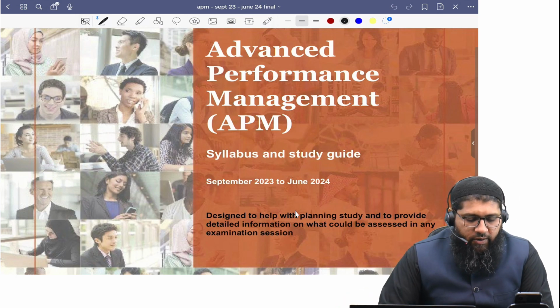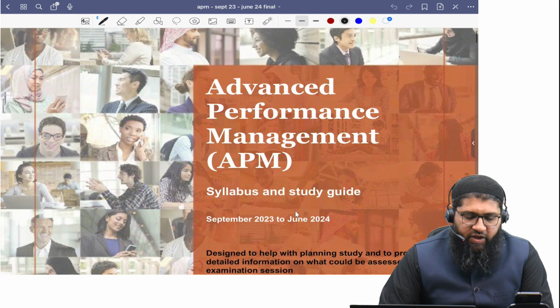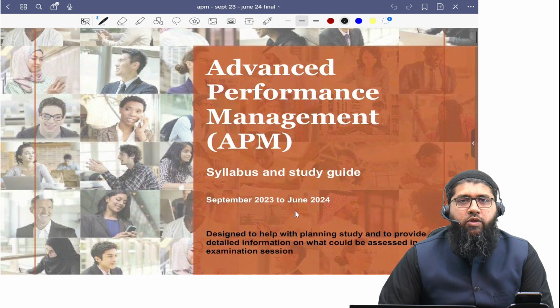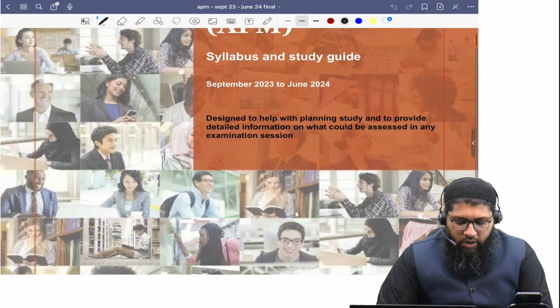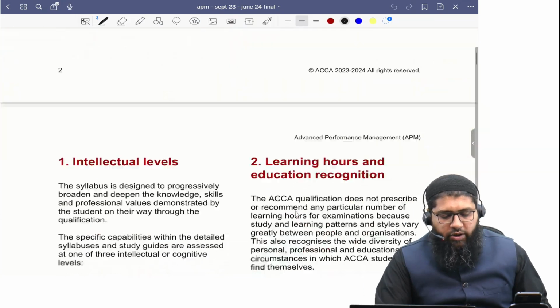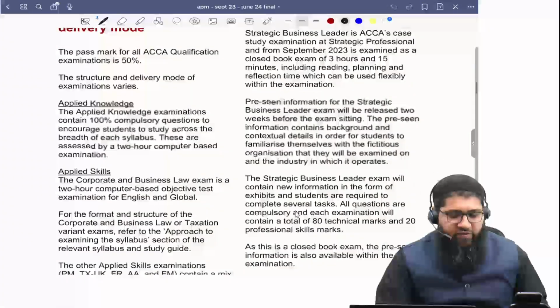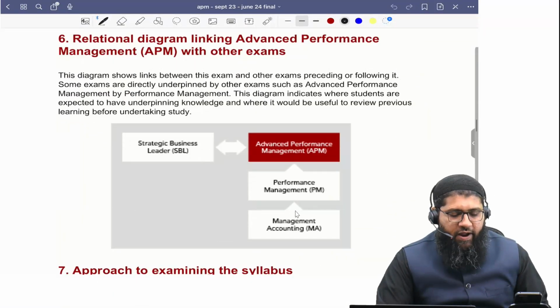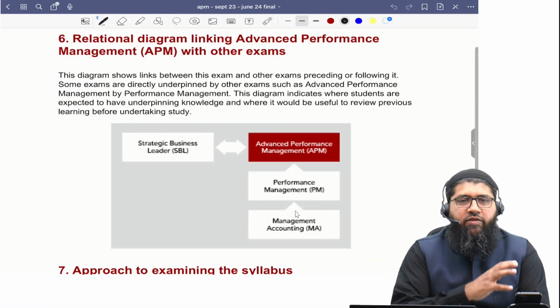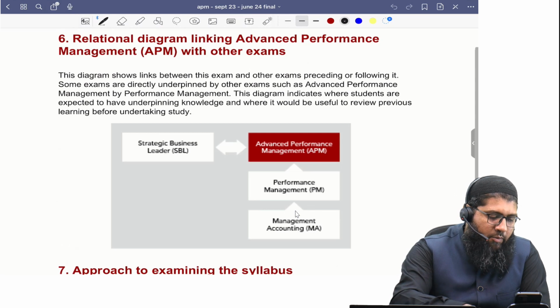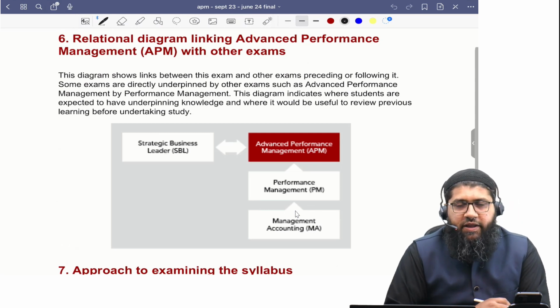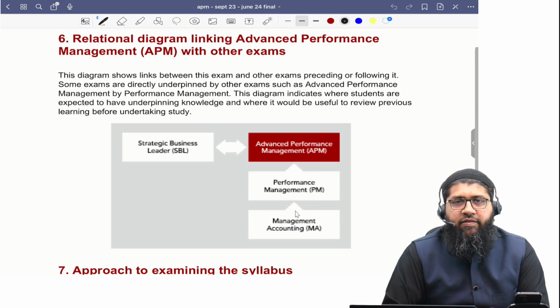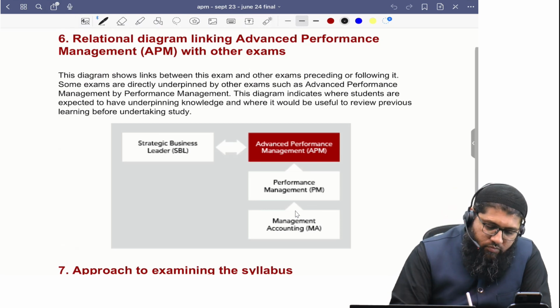Before I go on, this is the syllabus in front of you for the APM. I want to discuss the relational diagram of this subject, so that you have an idea of what this relational diagram is all about, what it is indicating, and what skills it expects us to know.